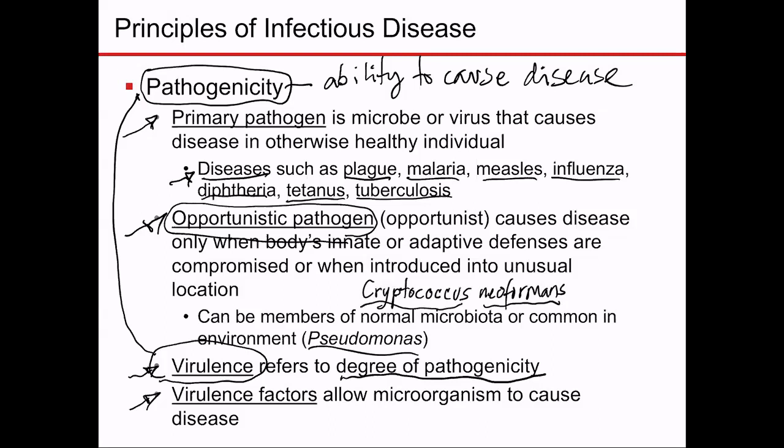The virulence factors will be the factors that this opportunistic pathogen brings with itself that could aid in the process of causing disease. For example, it's able to produce a capsule, and you already know the function of the capsule. It can evade the immune system by preventing phagocytosis.